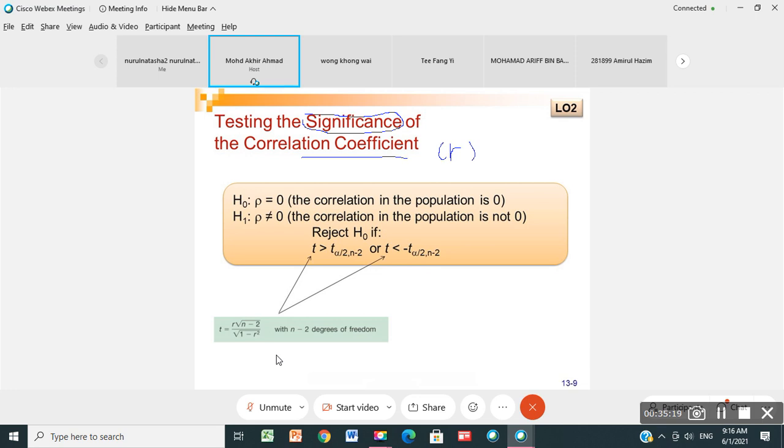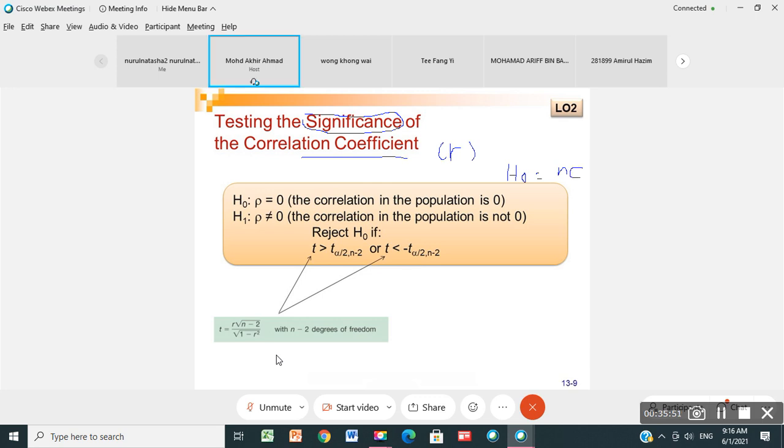significance test. In the significance test, we develop H0, we say H0 equal to no correlation.